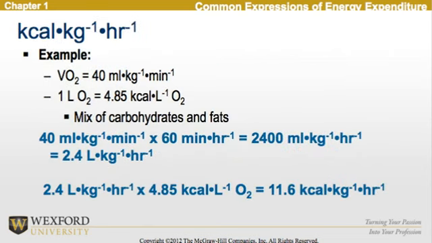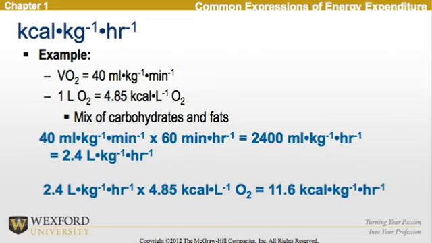Now combining that with kilocalories per kilogram hour, and again using our example, we have a VO2 of 40 milliliters per kilogram per minute. We have 1 liter of oxygen at 4.85 kilocalories per liter of O2. This is a mixture of carbohydrates and fats, if you remember our breakdown from before.